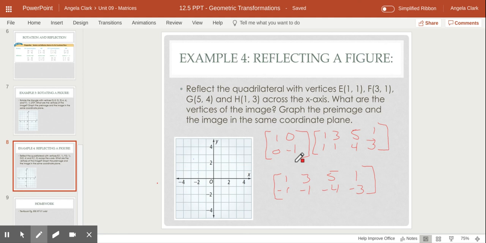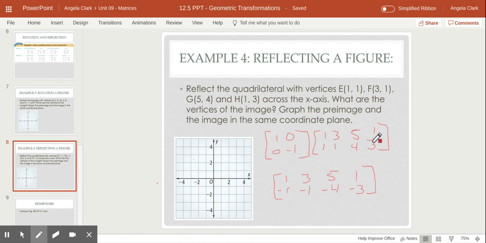Now, if you don't want to use these shortcuts and you just want to go through and do the multiplication because that makes sense in your head and you don't want to confuse yourself, that's completely fine. But I find that to be tedious, so I'm using the shortcut.